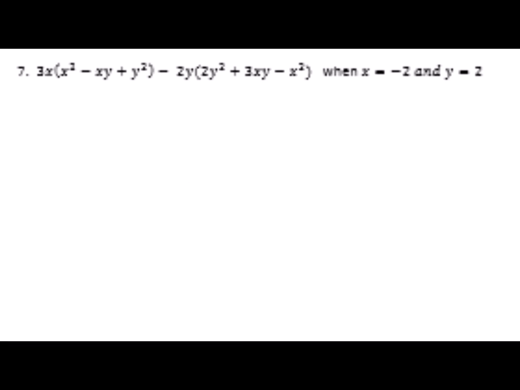For this problem, we need to apply the distributive property into each bracket. The first bracket's easy. So we'll have to pull in minus 2y into the second bracket to get the final answer.